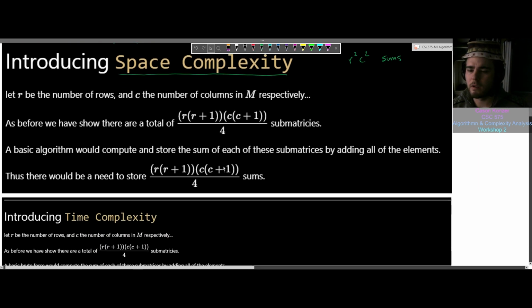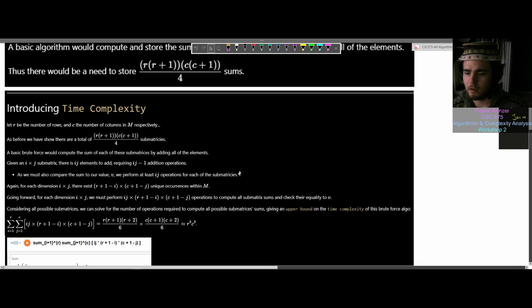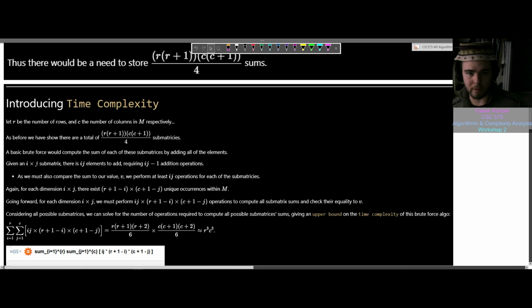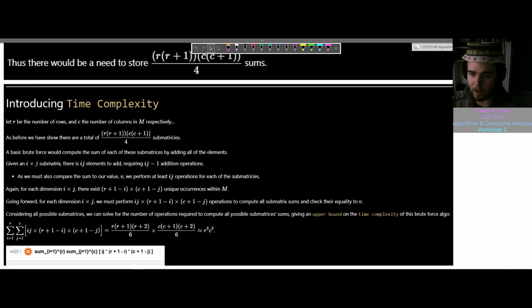So continuing on, I would like to introduce the time complexity just a little bit more in terms of the number of operations that you would perform in a brute force algorithm. So as before, we had said there is approximately r squared, c squared submatrices.